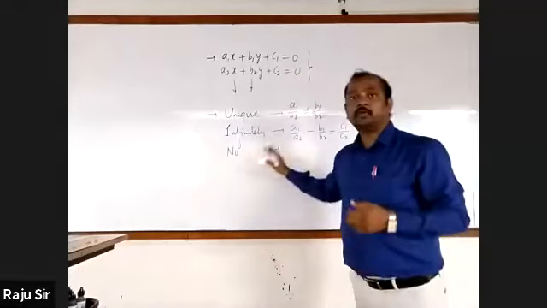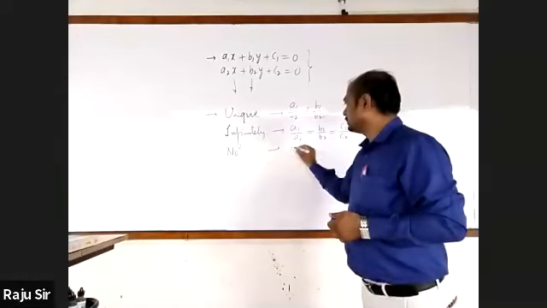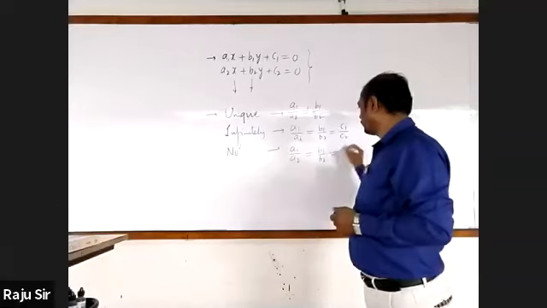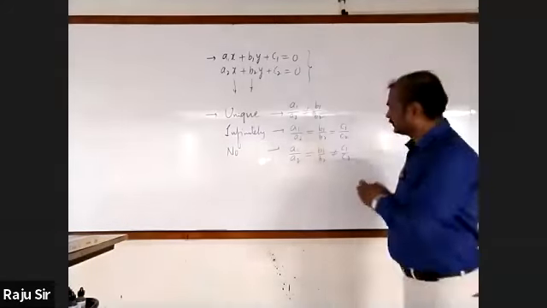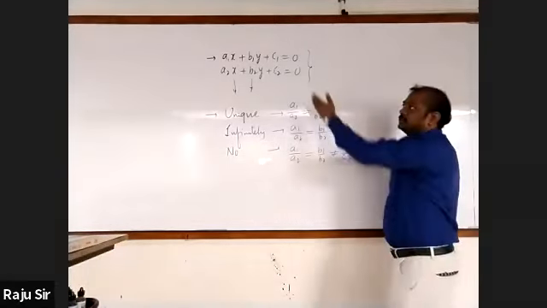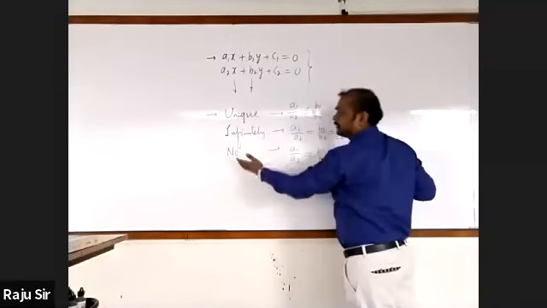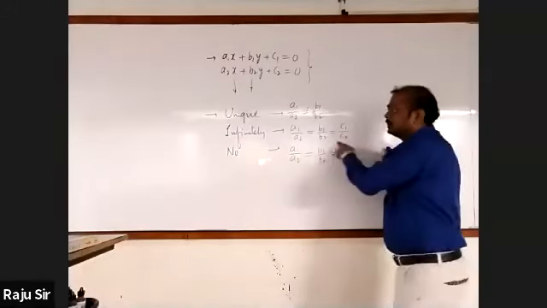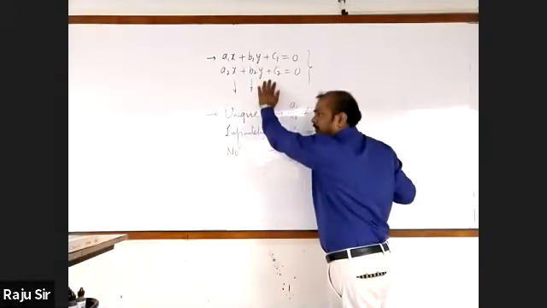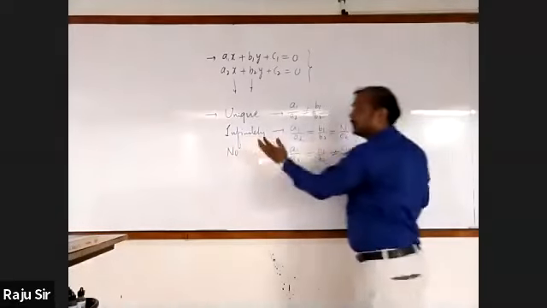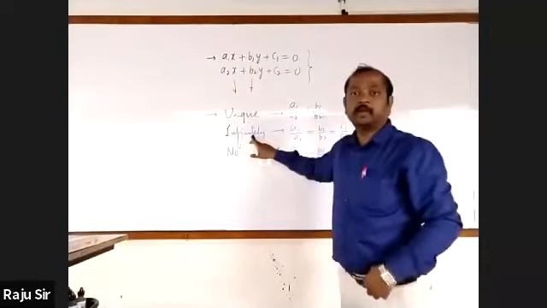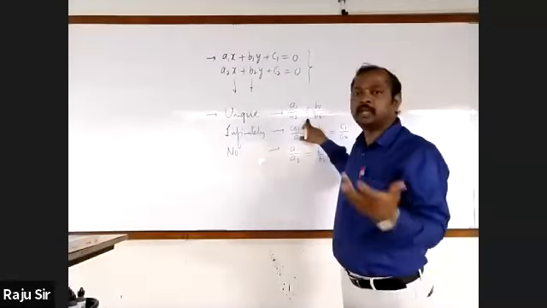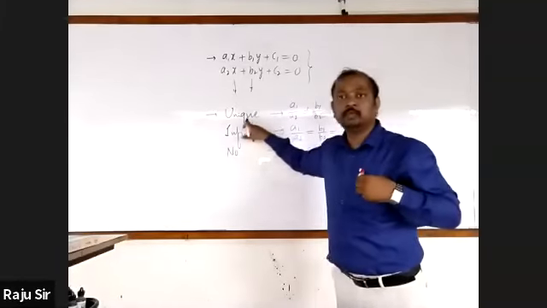Whereas for no solution, the first two ratios are equal but not equal to the third ratio. If the third condition is satisfied, the given pair of equations has no solution. If the second condition holds good, they have infinitely many solutions. If the first condition is satisfied, the equations have a unique solution.